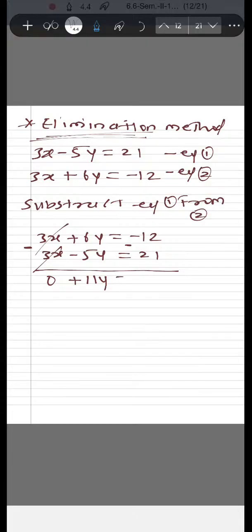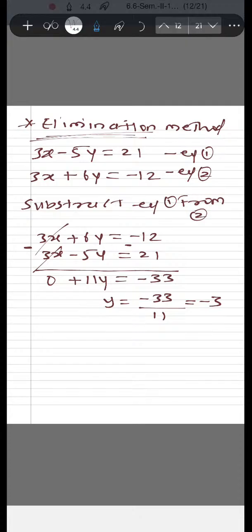So 11y is equal to negative 33, and y is equal to negative 33 upon 11, which is equal to minus 3. So I get y equal to minus 3.